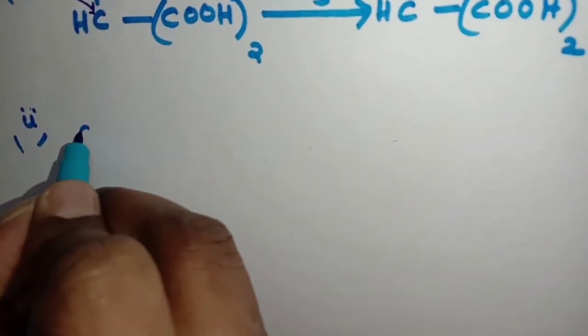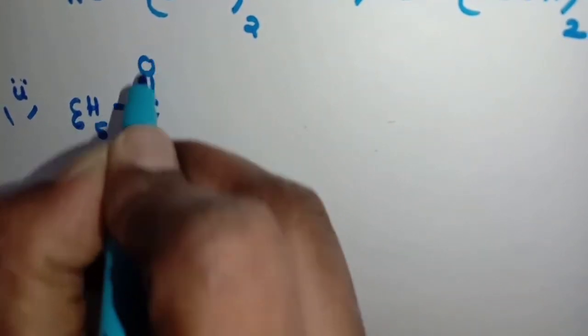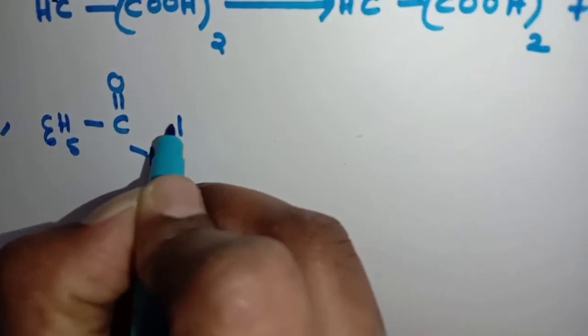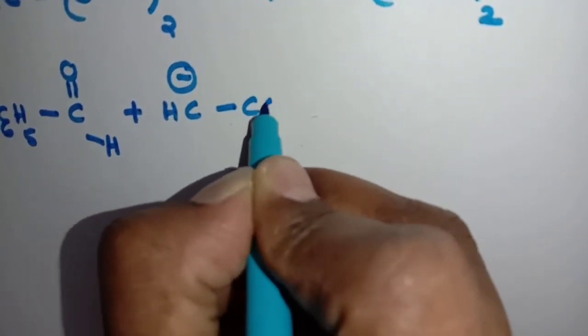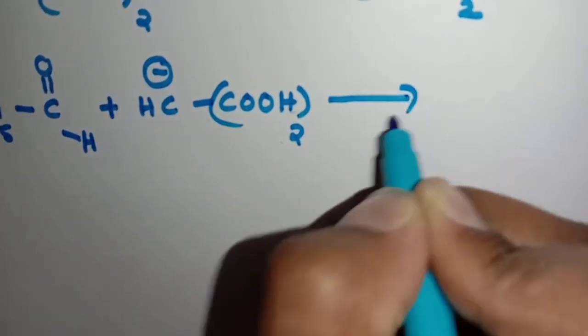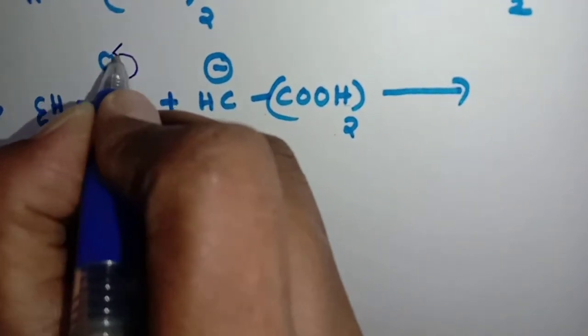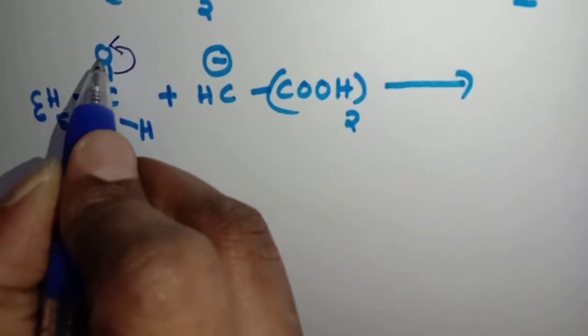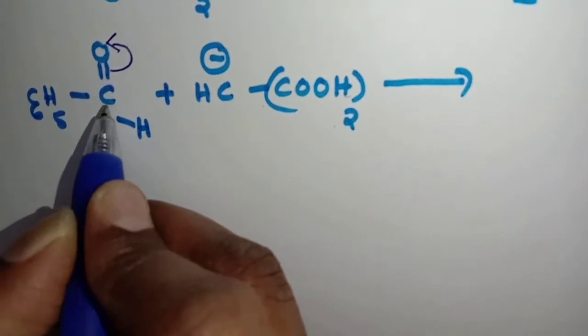Next, second step, what happens? Taking benzaldehyde C6H5 C double bond O H. Here comes the carbanion formed in the first step. Okay, here what happens? These pi electrons will be shifted to oxygen, by which oxygen acquires a negative charge, carbon gets positive charge.